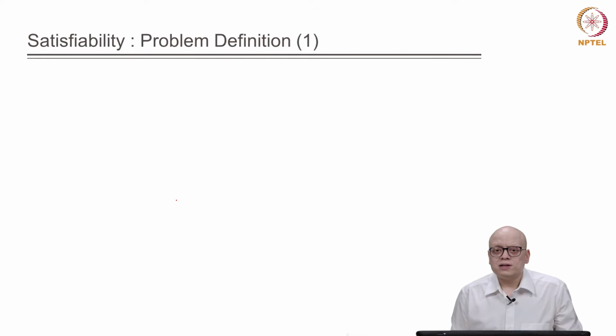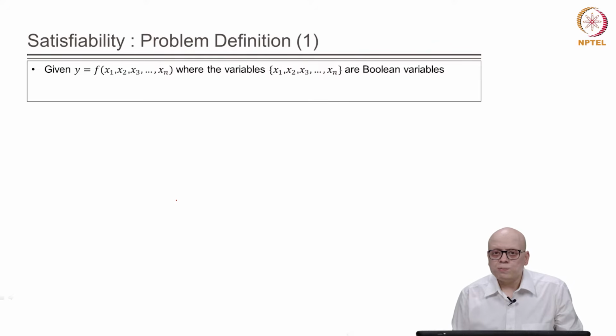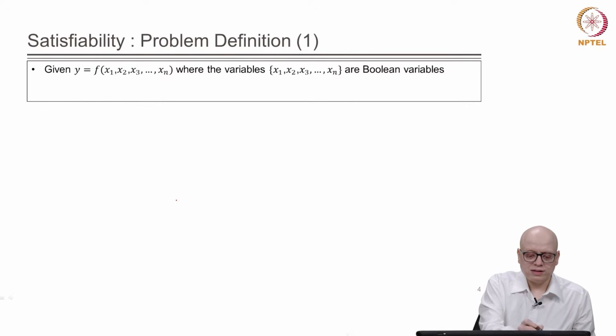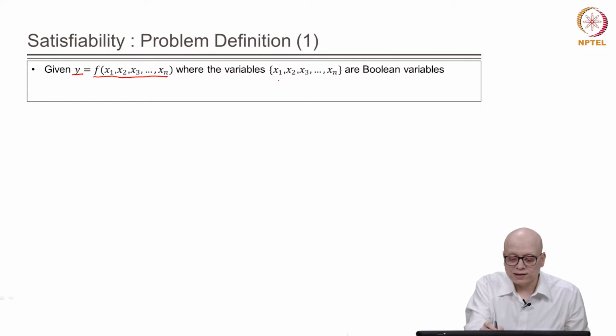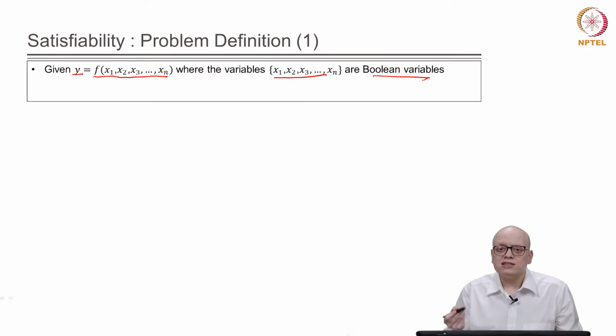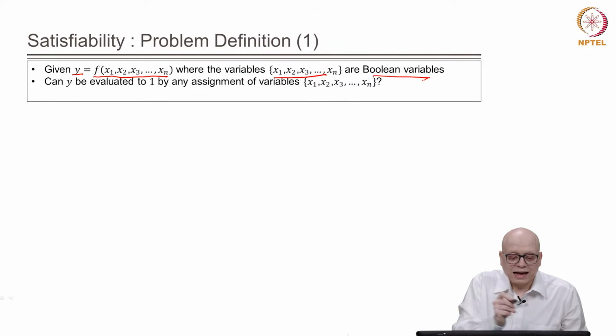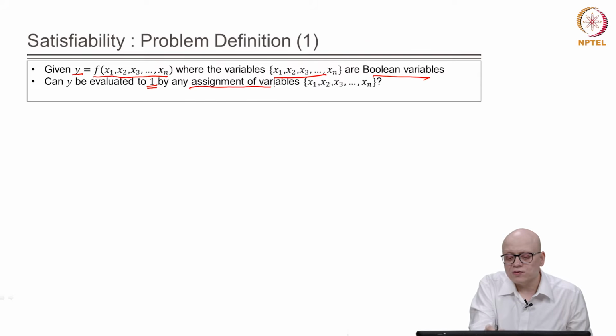Now, let us first understand what the satisfiability problem is. Suppose we are given a function y = f(x1, x2, x3, ..., xn), where x1, x2, x3 to xn are Boolean variables, and we are asked whether y can be evaluated to 1 by any assignment of the variables.